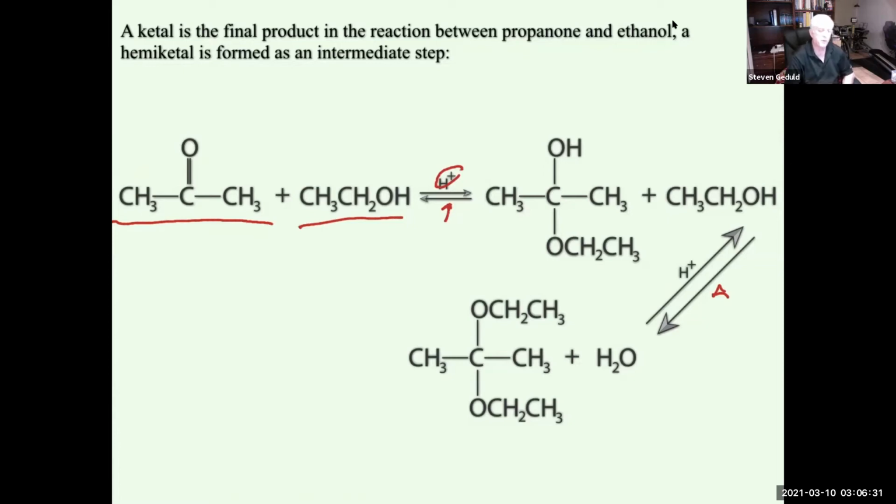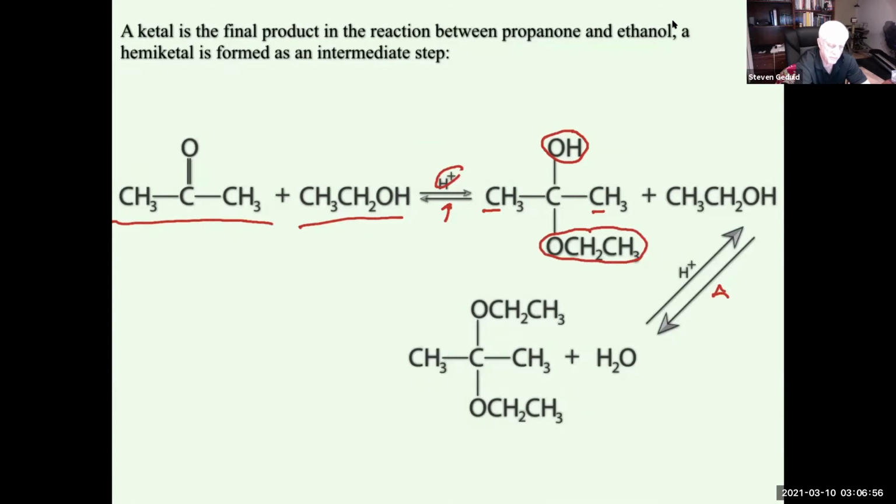Okay, so the first step of the reaction between a ketone and an alcohol is to form a hemiketal. Okay, there's two carbons attached, each side of the carbon. Here's your OH group. Remember, we opened up that double bond and we added an H to the oxygen, and then the remaining was the O, CH2, CH3.